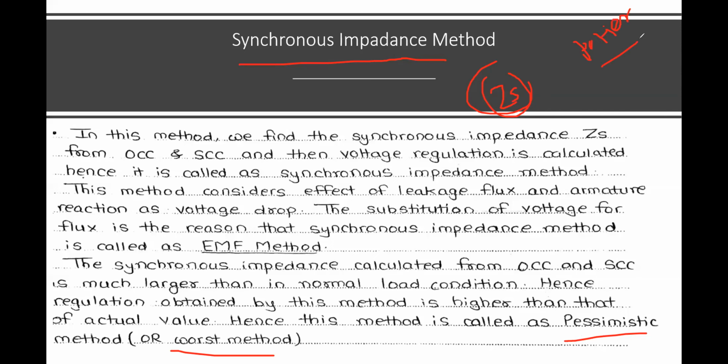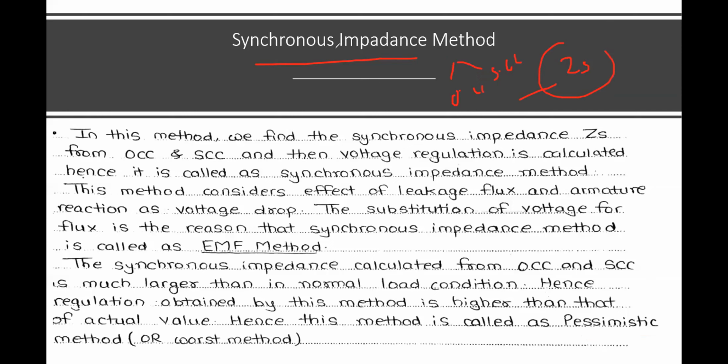So these are the steps we can use to calculate the synchronous impedance method. Let me repeat the three points. First, this method uses OCC and SCC to calculate impedance, ZS. That is why it is called the synchronous impedance method.